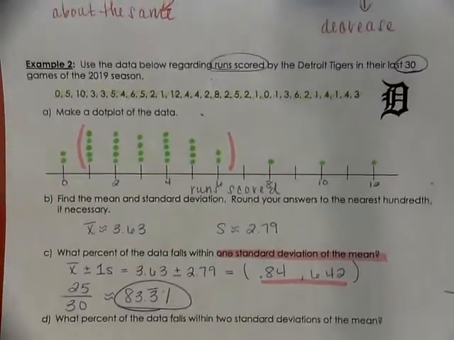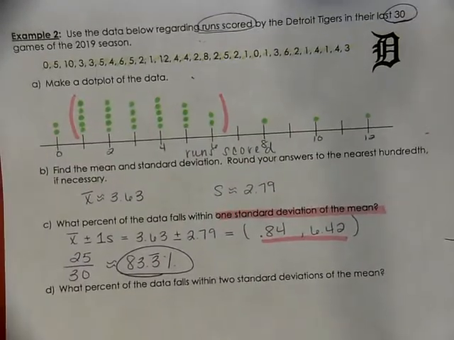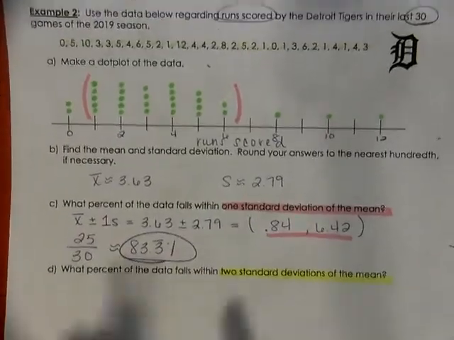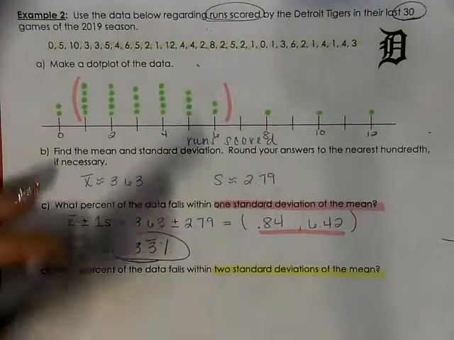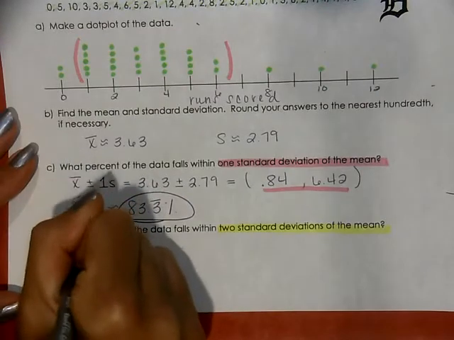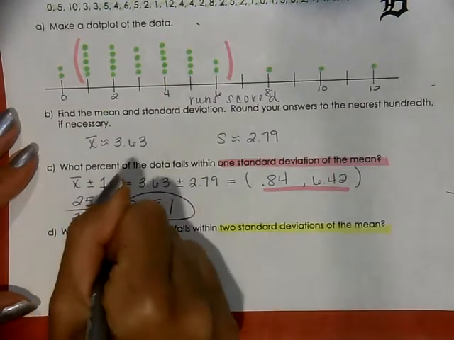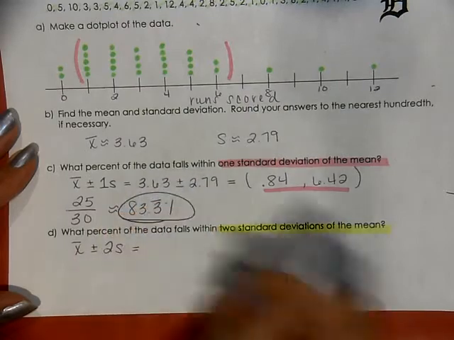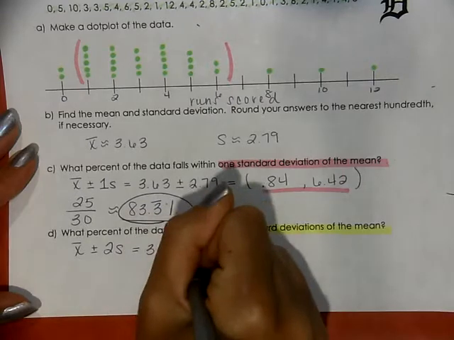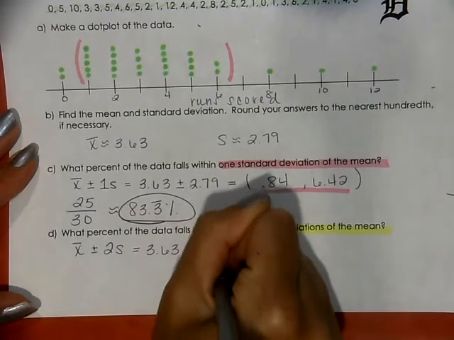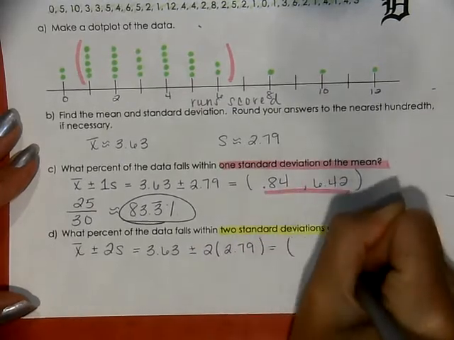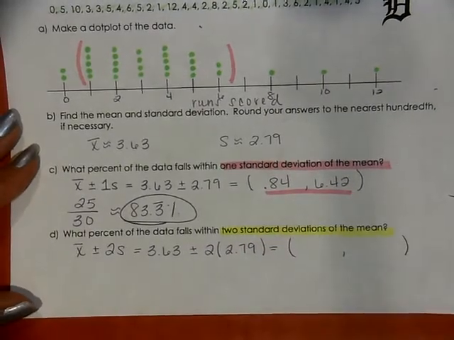Now, what percent of the data falls within 2 standard deviations of the mean? Okay, so this is going to be a larger interval, so it should contain more data. This time it's going to be my mean plus or minus 2 standard deviations. So my mean was 3.63 plus or minus 2 times 2.79. I'm going to get a lower bound and upper bound to that interval again.